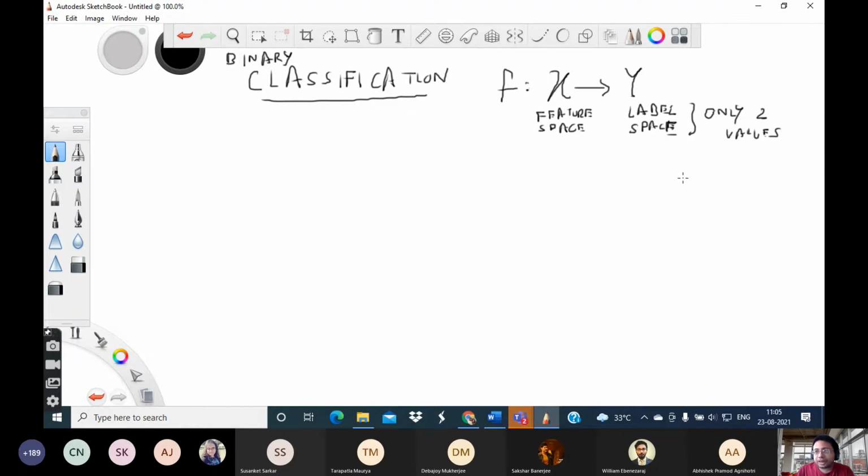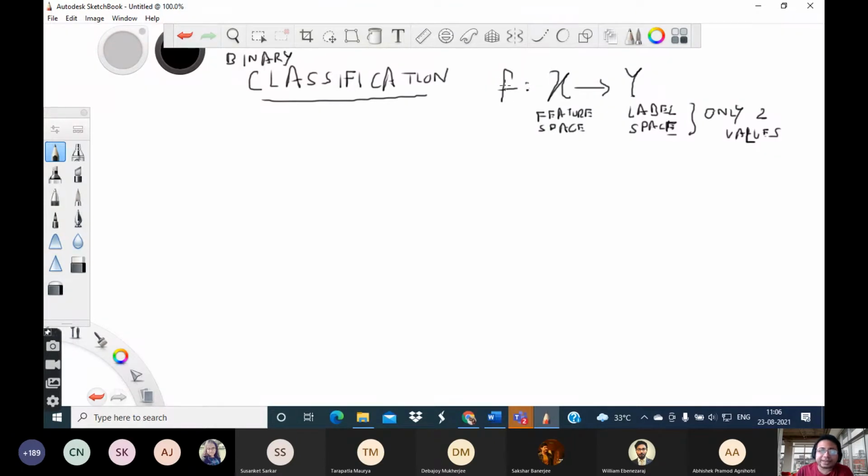Or if we are trying to represent a thing as a mathematical function, then instead of having values like cat and dog, it will be useful to have values like 0, 1 or +1, -1. Why? Because f in that case will be a mathematical function which will give some number as output. So it will be good if the two class labels are mapped to those numbers. Okay, so that is about binary classification.